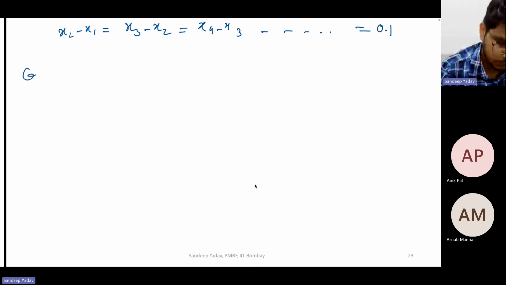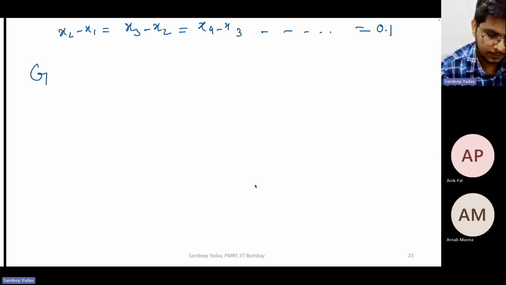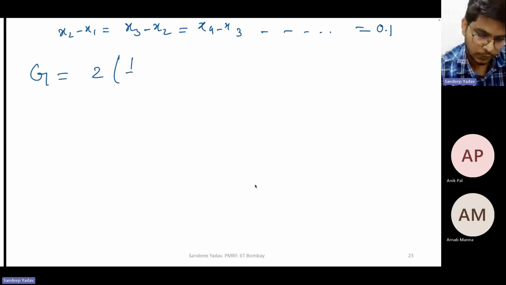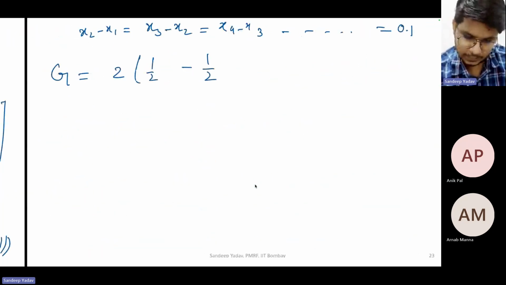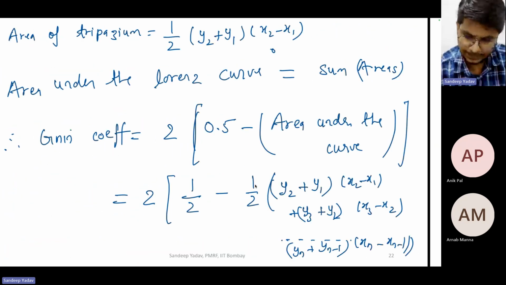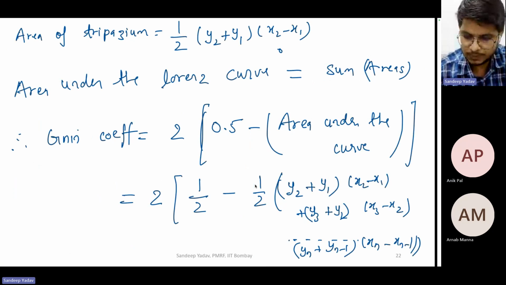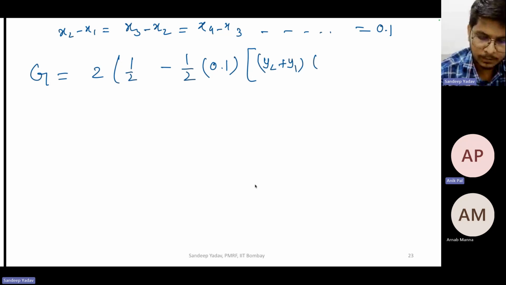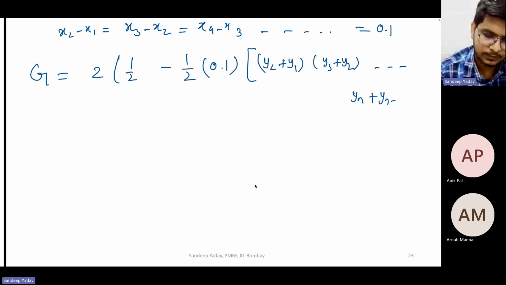So now we can also take the Gini coefficient common. Gini coefficient will be 2 times (1 by 2 minus 1 by 2 times 0.1 times ...), where we take 0.1 as common. Now we are only remaining with (y2 plus y1) plus (y3 plus y2) and so on, up to (yn plus yn minus 1), correct?